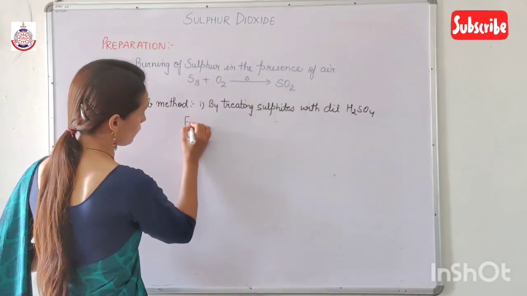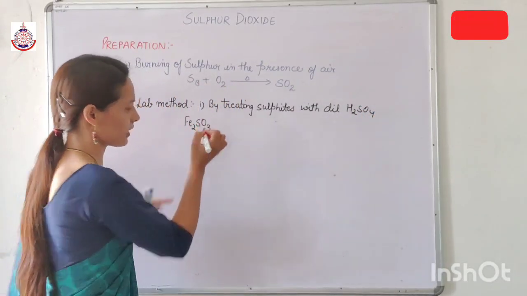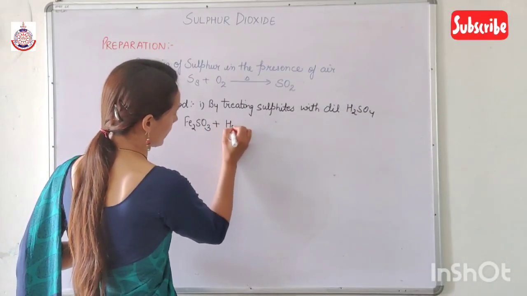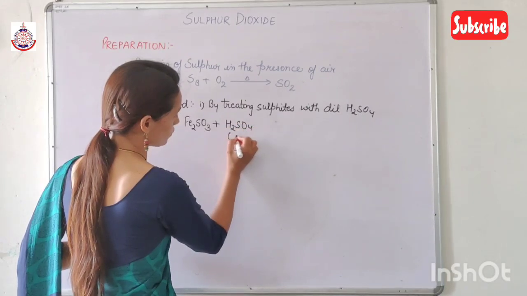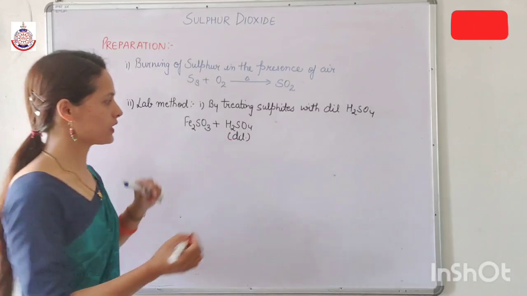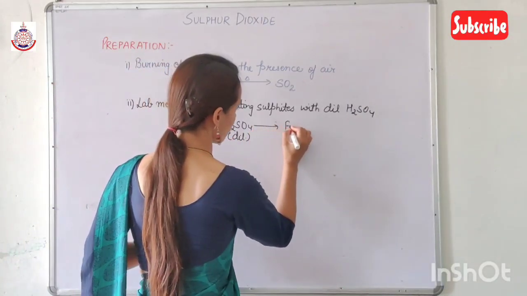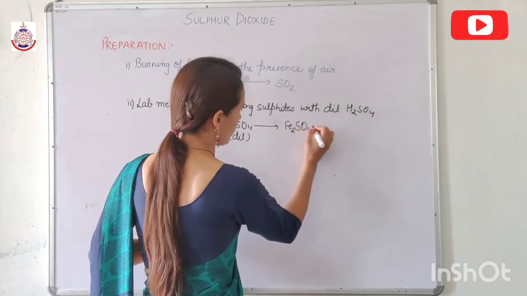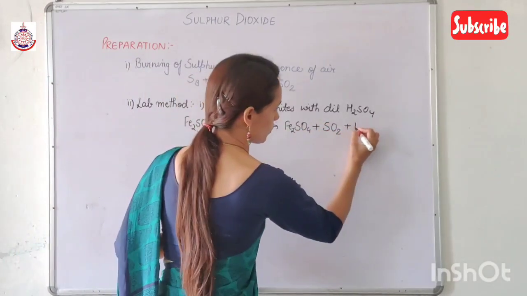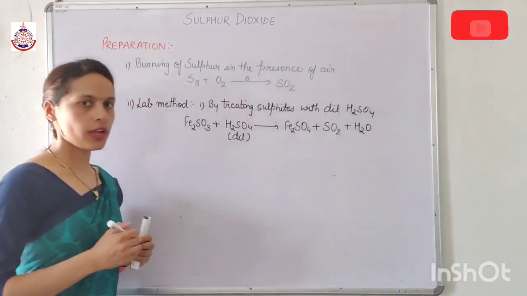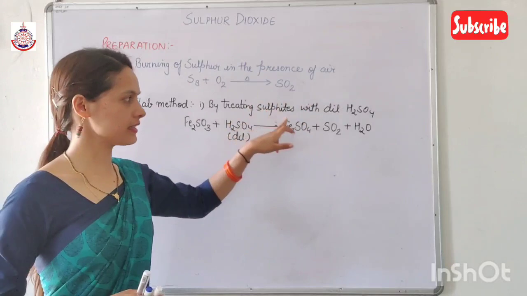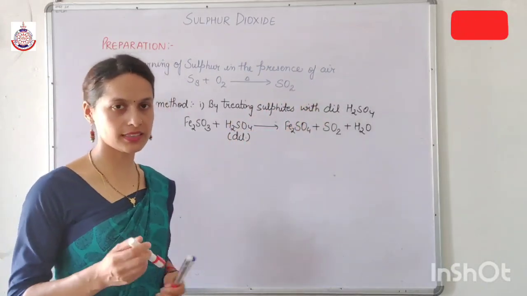For example, FeSO3, this is iron sulfide. When FeSO3 reacts with dilute H2SO4, we get FeSO4 plus SO2 plus H2O.